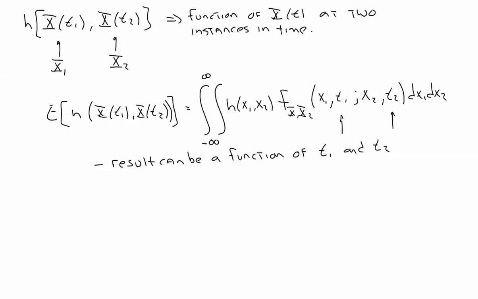Always keep that in mind. When I perform a definite integral against a variable, I lose that variable in the result. I'm performing definite integrals here against x1 and x2, so that doesn't show up in the result. But I'm not doing anything with t1 and t2, so that can be preserved.